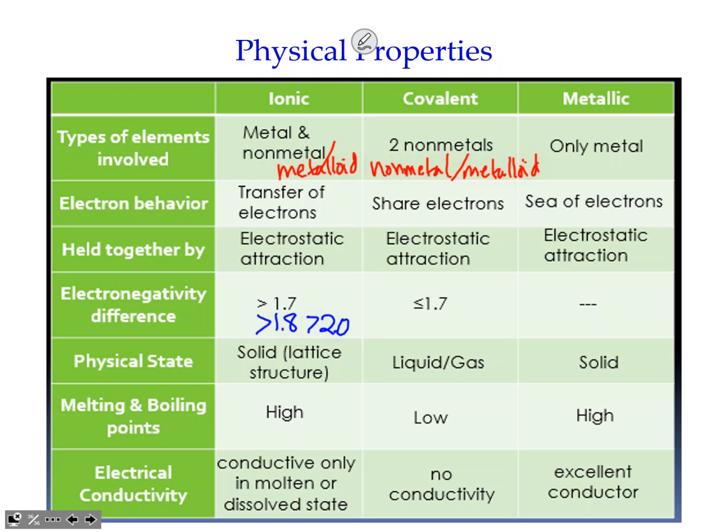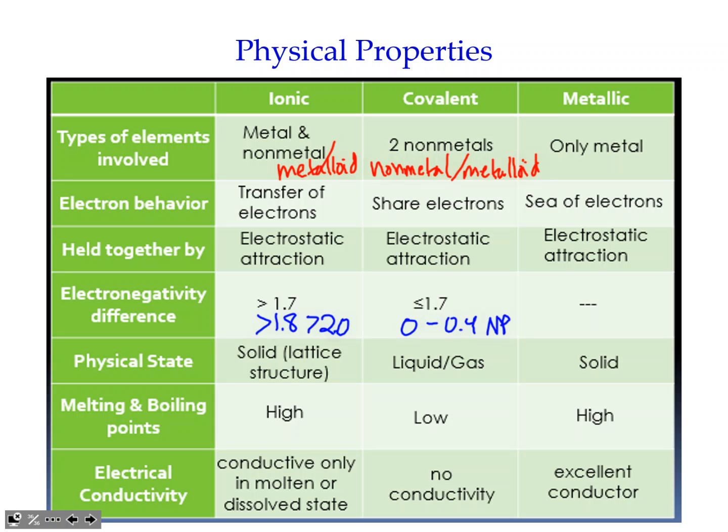If you get to a very minimal amount, 0 to 0.4, that's going to be pure covalent, or nonpolar. Here, we'll put nonpolar there. The electronegativity difference between metals obviously is going to be 0, so that one doesn't really factor in there. They do metallic bonding with the delocalized electrons, so it's not the same kind of thing.